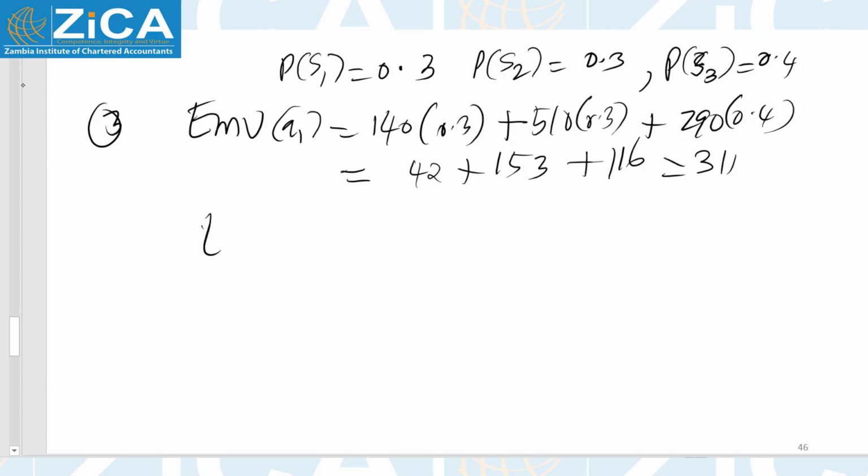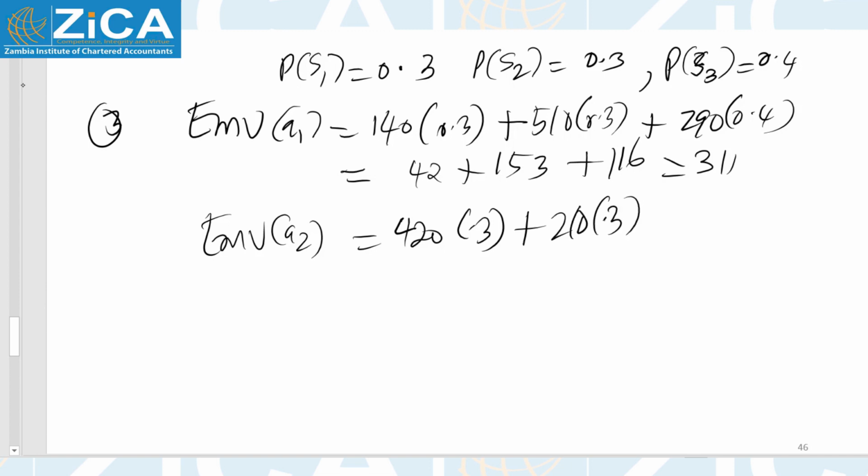If you simplify, it gives you 42 plus 153 plus 116, which is 311. The expected monetary value of A2 will be 420 times 0.3 plus 210 times 0.3 plus 250 times 0.4.